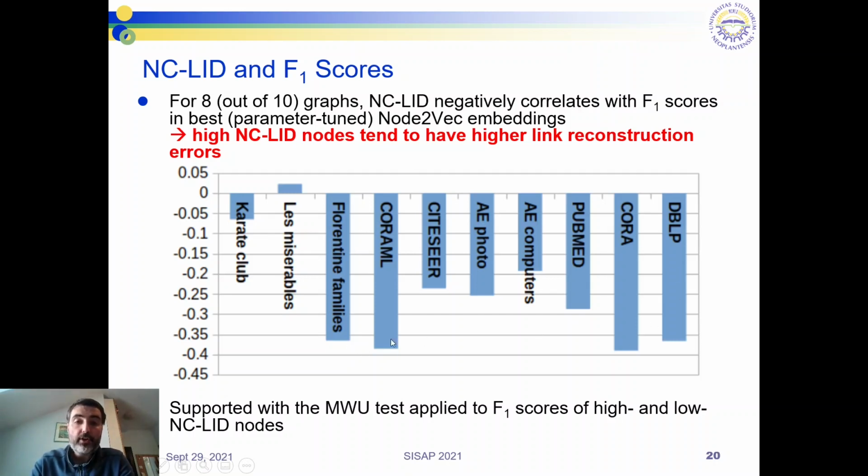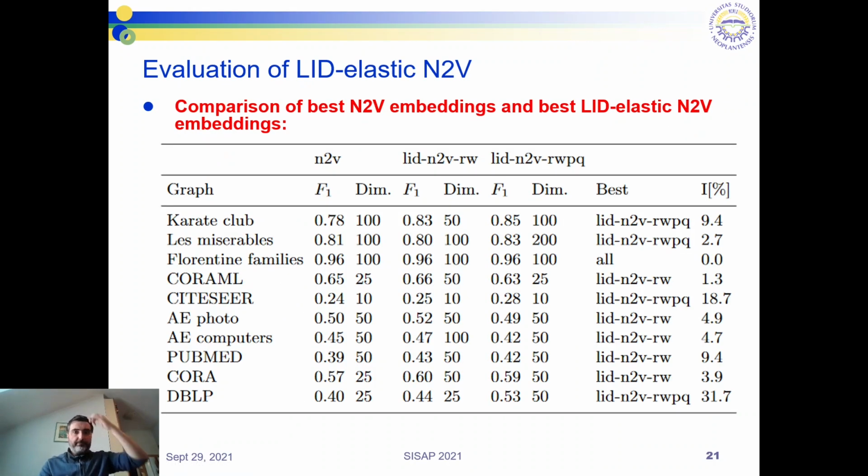It's not extremely strongly negative, but it's also hard to ignore, which supports the hypothesis that nodes with high NCLID tend to have higher link reconstruction errors. And we also did some Mann-Whitney U tests applied to F1 scores for high and low LID nodes, and we got pretty much the same results for all datasets, but the 3 smallest ones, we had statistically significant differences.